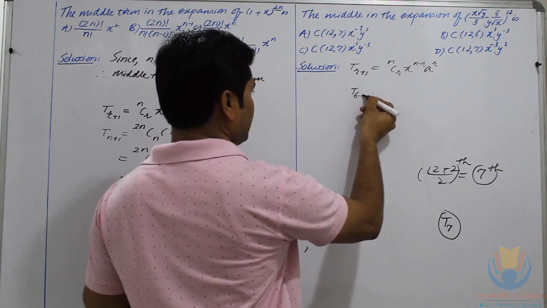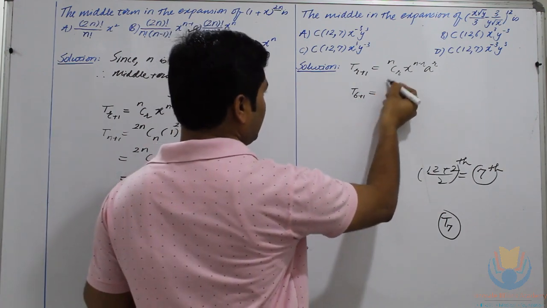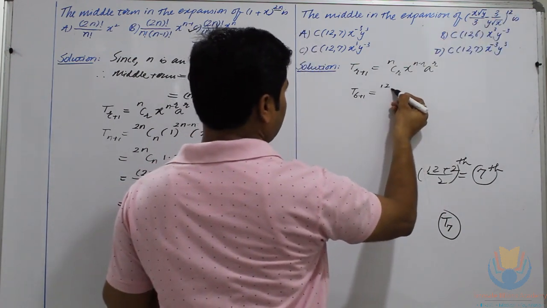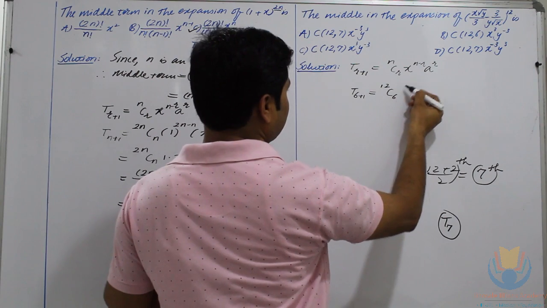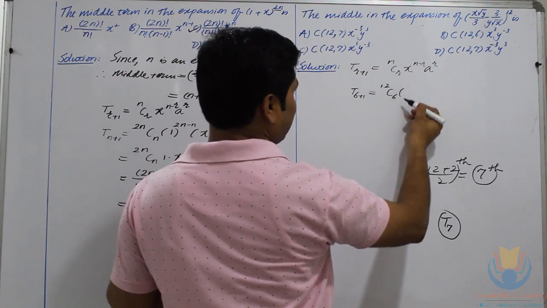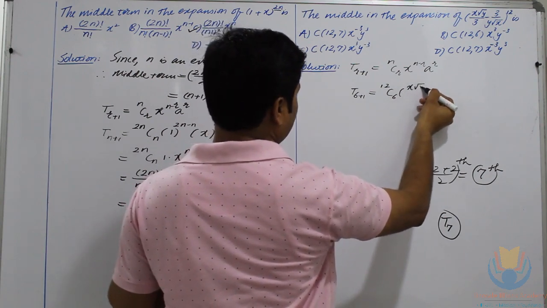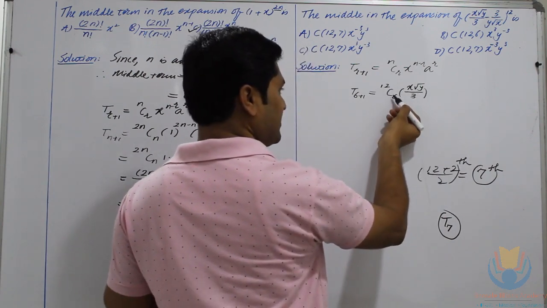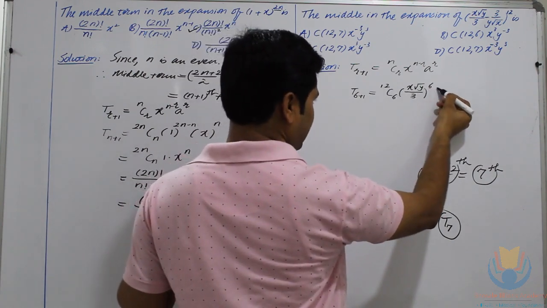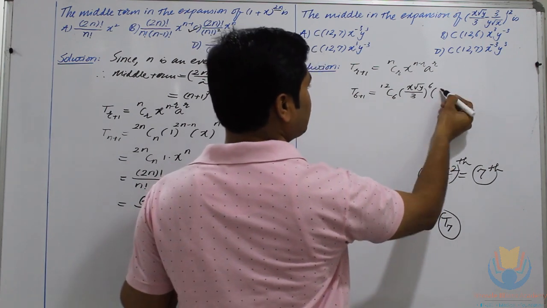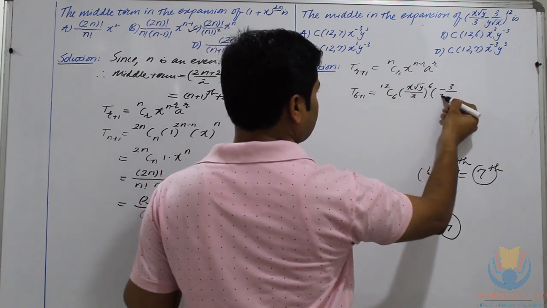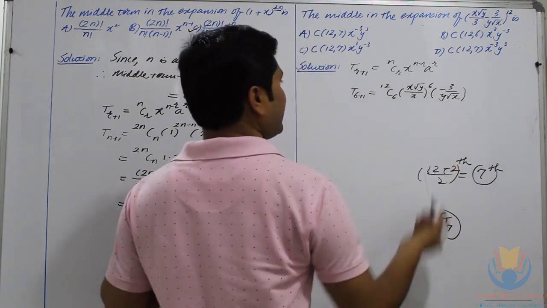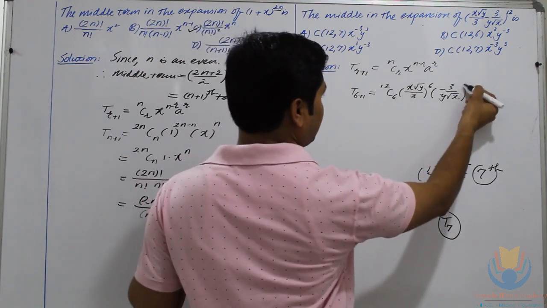So T(6+1) is equal to, the value of n in this expansion is 12, 12C6, and the value of x here is x root y upon 3, and that whole raised to 12 minus 6, which is 6, and that of a is minus 3 upon y root of x, and that whole raised to r, that is 6.